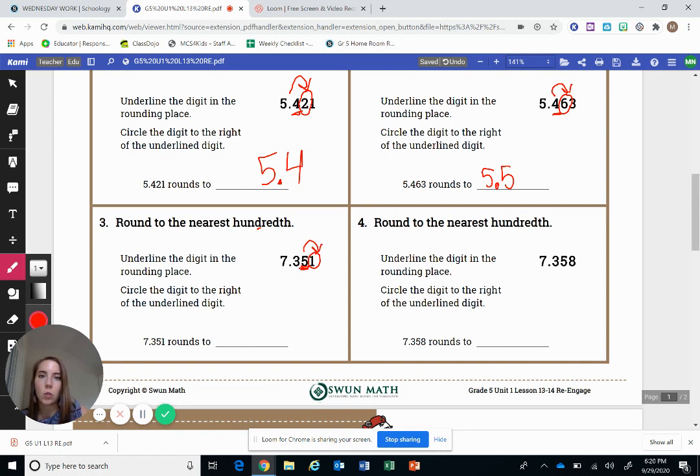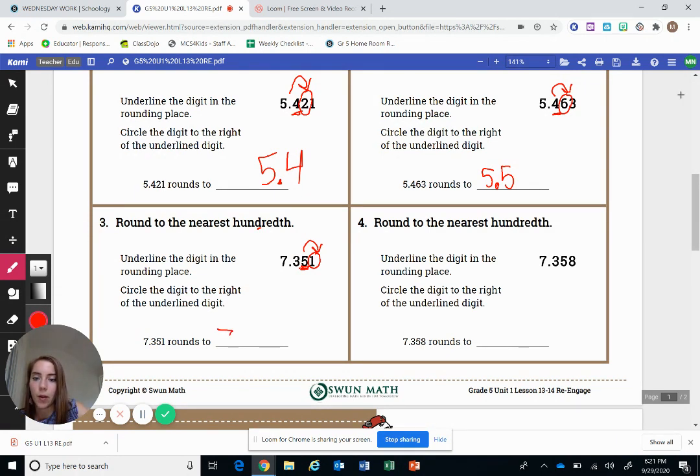Okay, is 1 greater than 5 or is 1 less than 5? If you were thinking less than, you got it. 1 is less than 5. So that means we are not adding anything else. Our number is going to stay the same. That means that 5 that we underlined is not going to change. And we know that nothing before the underlined number changes either.